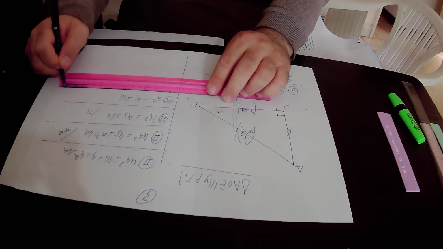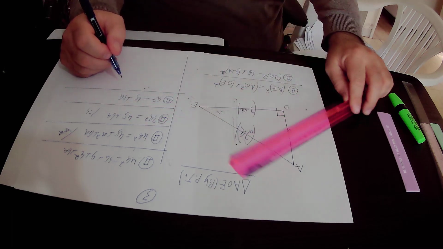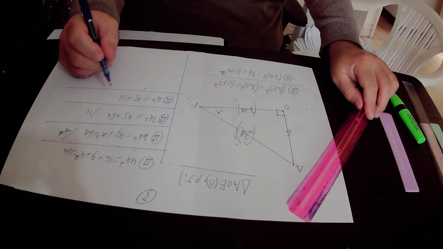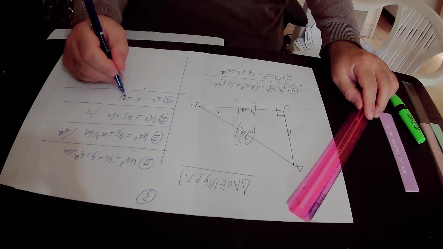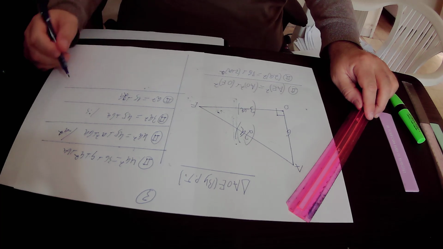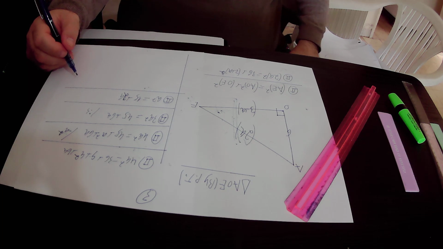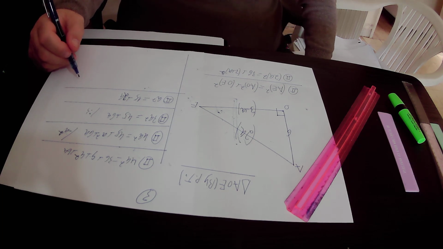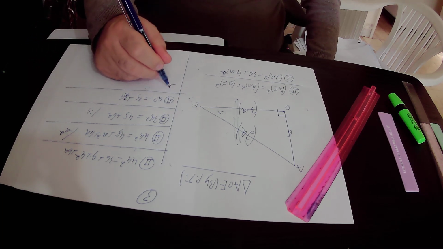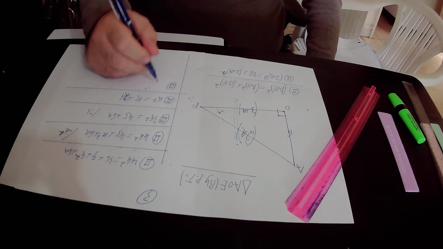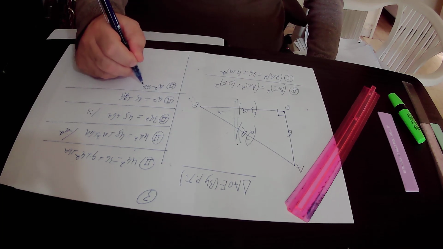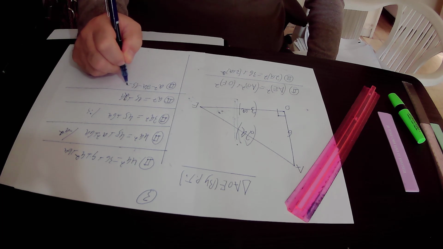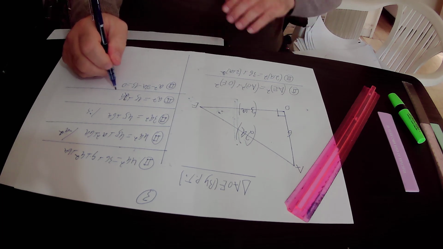Here we'll subtract 15 and also 2A from equation number 2, and we'll get that A squared minus 2A minus 15 equals 0. So we have here a quadratic equation.